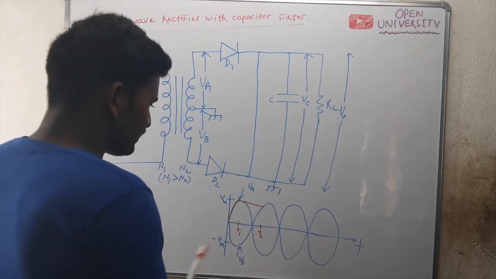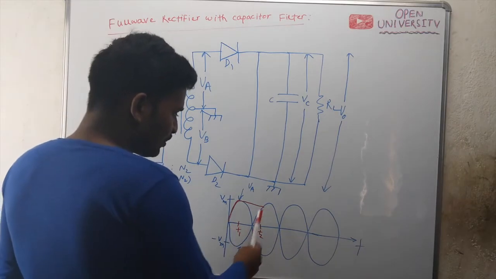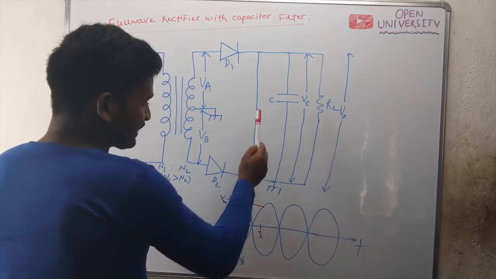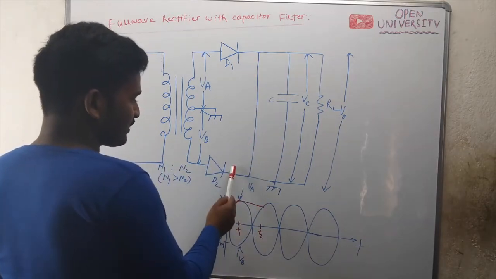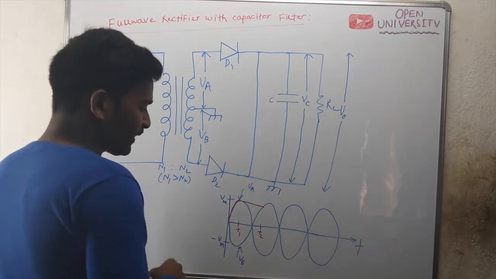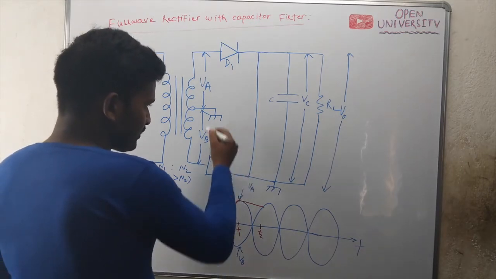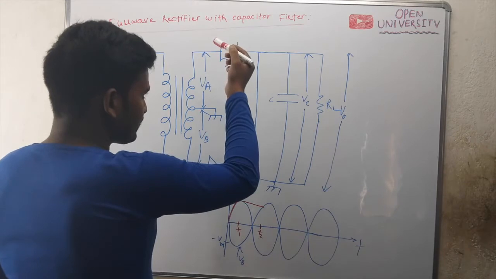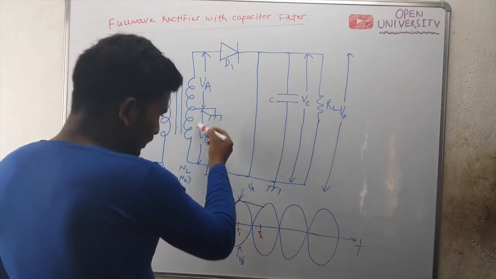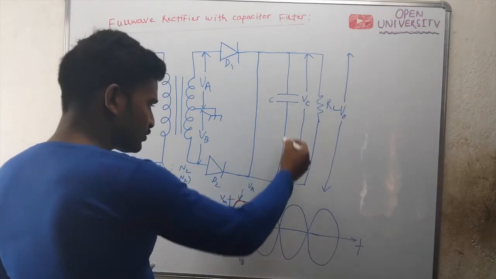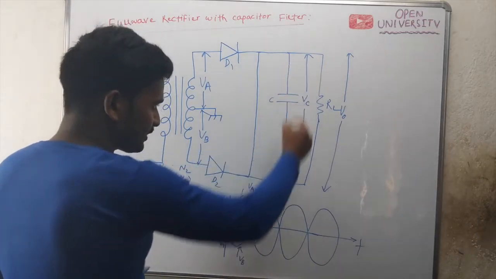After T2, VB will be greater than VC. This side will be less and this side will be more. So D2 will be forward biased, and at that time D1 is already reverse biased. Current will flow through the capacitor, and the capacitor will charge through diode D2.